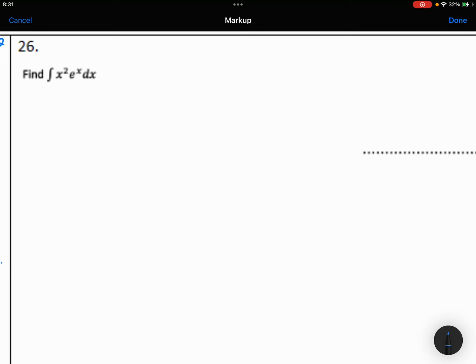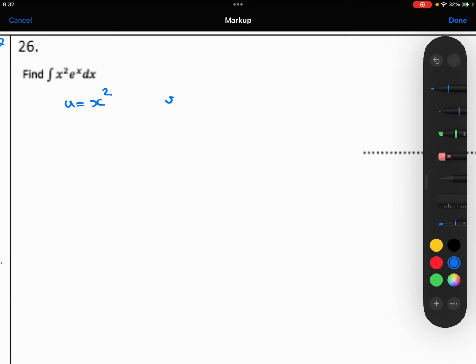Question 26. Find the integral of x squared e to the x. I'm going to use integration by parts to do this. I'm going to say that u is x squared, and I'm going to say that v dash is e to the x. Differentiating x squared, I get 2x.